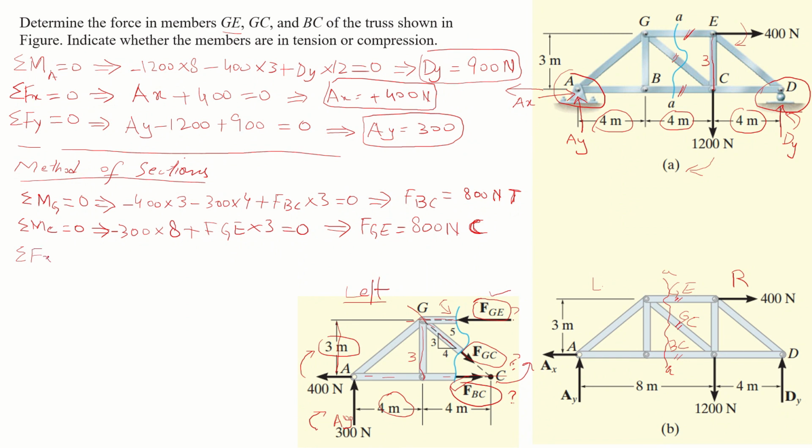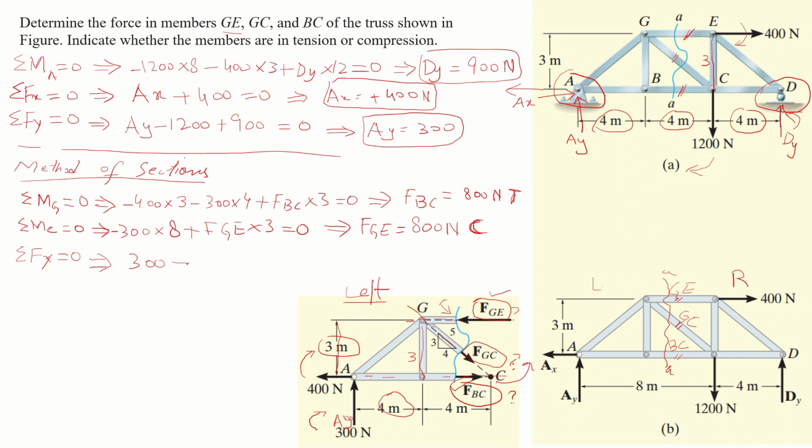If we use sigma Fy is equal to 0, we find only the y forces. You can see this AY is on the upward side, so it will be AY is 300, and this FGC is on the downward side, and it is neither in x or y. We need to find its y component. So y component is always with the sine theta.